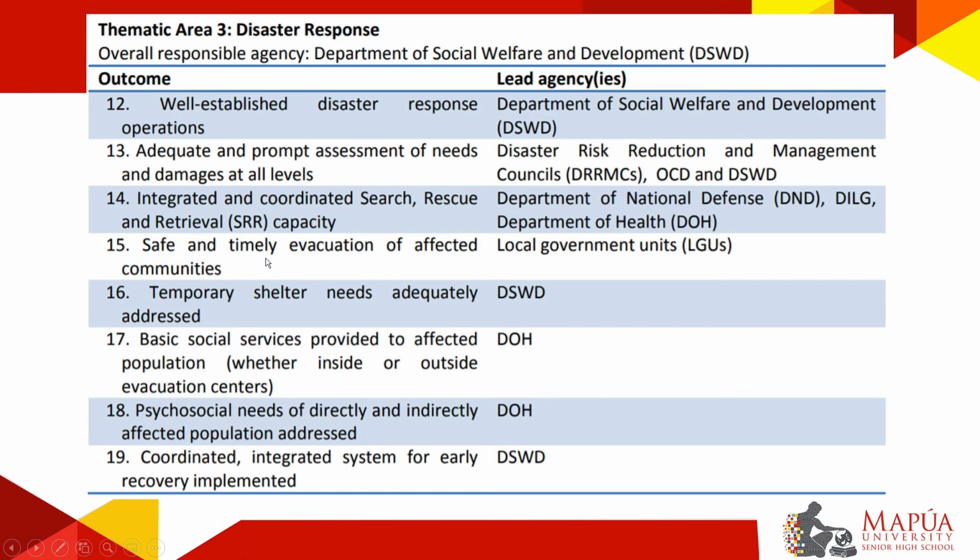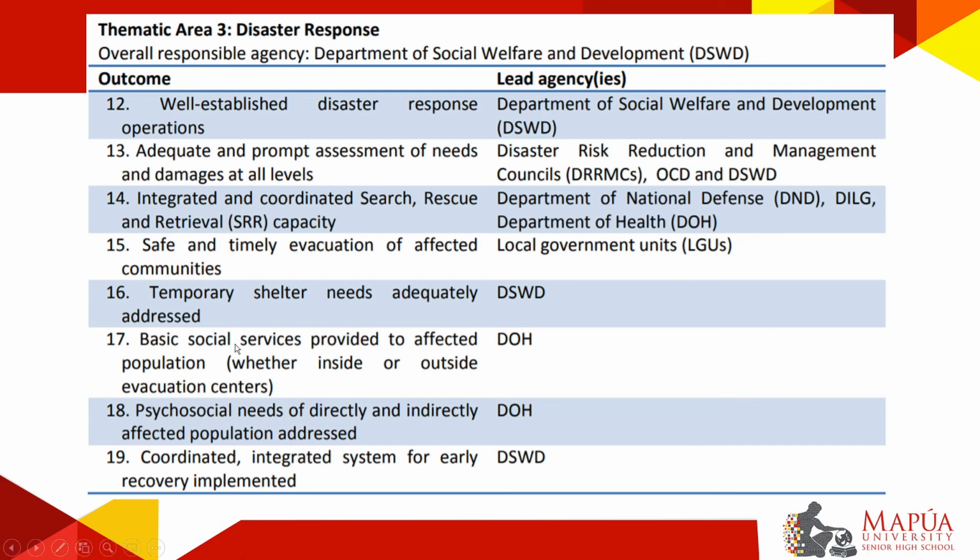Next, safe and timely evacuation is done by the local government units. Temporary shelters are done by the DSWD. So all of the temporary shelters made for hazards are always done by the DSWD. Of course, in partnership with other volunteers, with other private sectors, but they are the ones who are leading these temporary shelters.